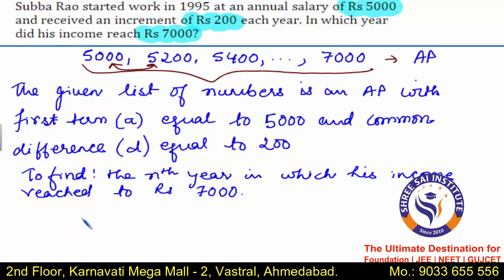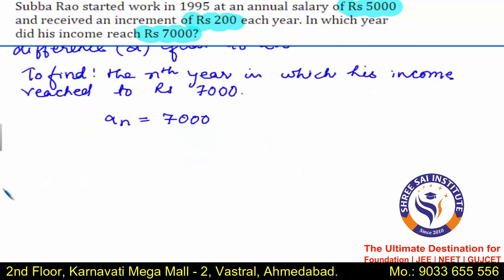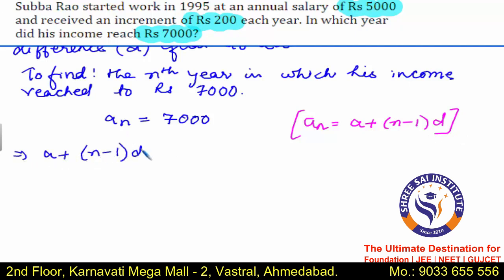That is, we have to find the value of n such that a_n is equal to 7,000. Now, we know that the nth term of an AP is given by a plus n minus 1 into d. Therefore, this can further be written as a plus n minus 1 into d is equal to 7,000.